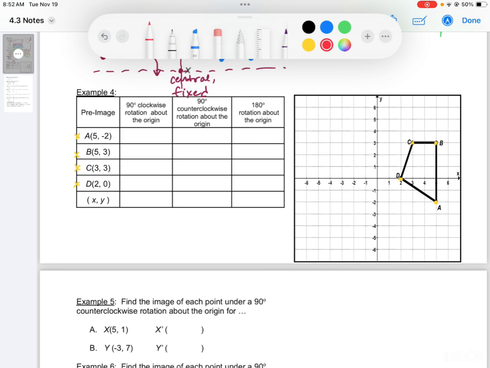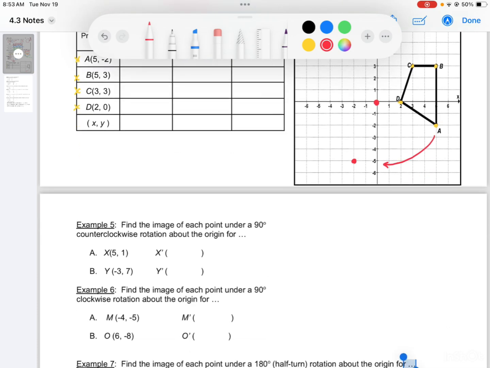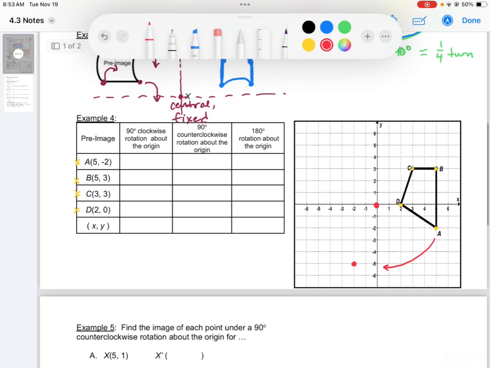And so what we want to do is make each one of these rotations by drawing and then see if we notice anything about the pictures. So if I took point A and rotated it 90 degrees clockwise about the origin, point A would now be over here. If I did the same thing with point B, it would now be over here.